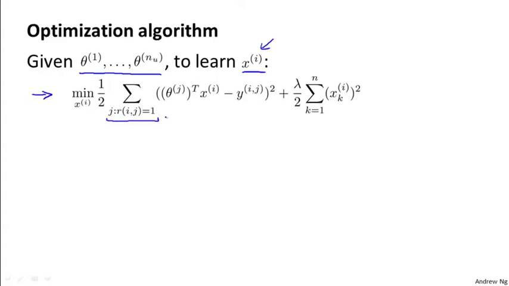So then what we want to do is minimize this squared error. So we want to choose features xi so that the predicted value of how user j rates movie i will be similar, will be not too far in the squared error sense of the actual value yij that we actually observe in the rating of user j on movie i.